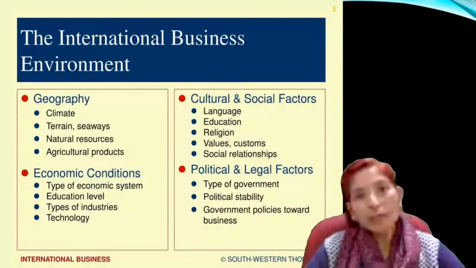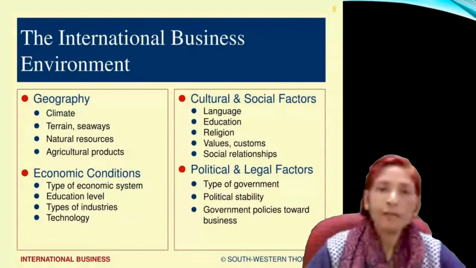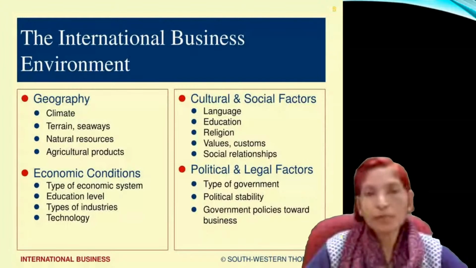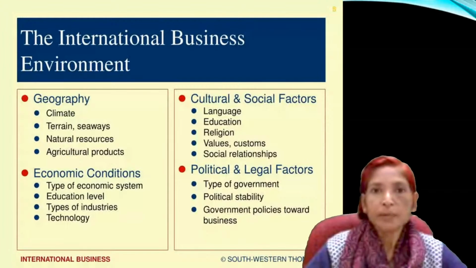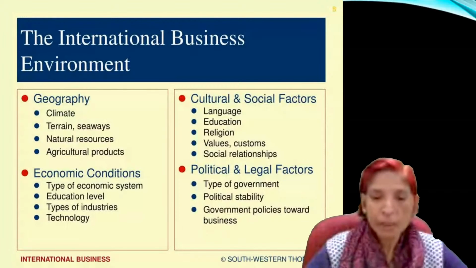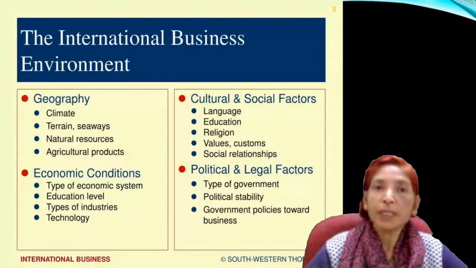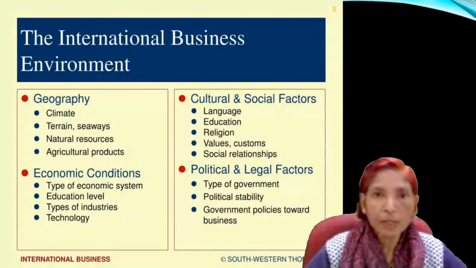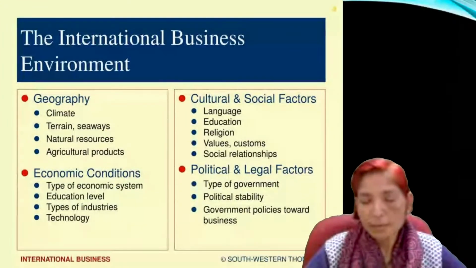Next are political and legal factors, which include types of government. There are different types of government like democratic, autocratic, and military government, which exist in different countries. Political stability: if there is political stability in an economy, it helps international business enterprises.